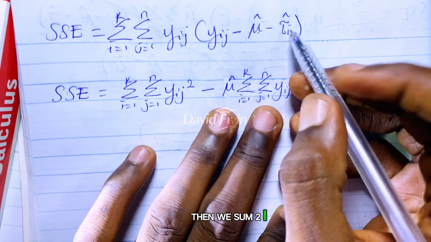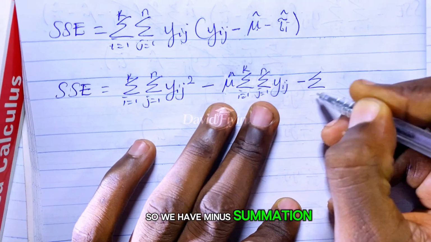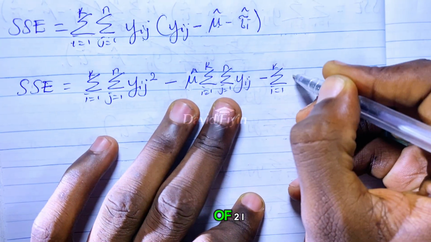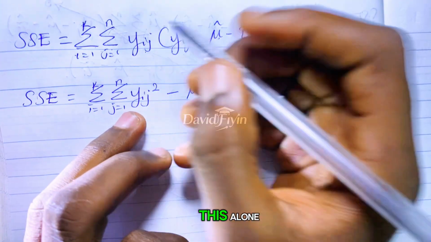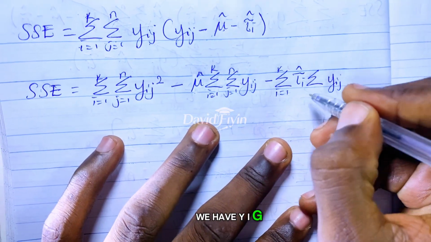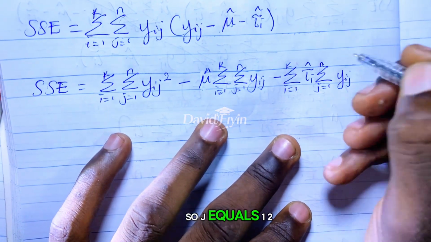Then we sum tau i over i equals 1 to k, so we have minus summation i equals 1 to k of tau i. Then, to remain with this alone, we have summation yij, j equals 1 to n.